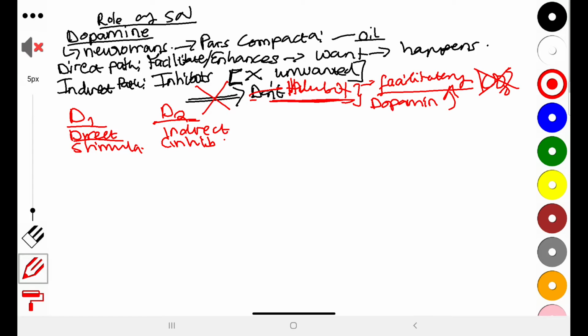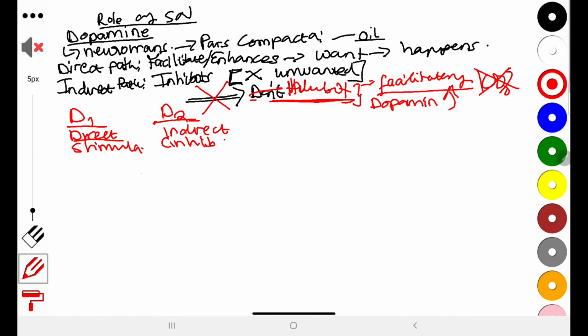So the facilitatory movements need to be stimulated. Hence, the slight inhibition of the inhibitor, so to speak. We're going to see how this happens in both the direct and the indirect. So let's start with the direct.